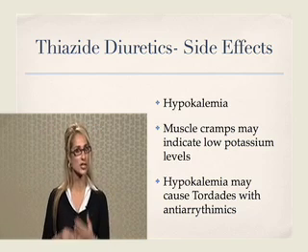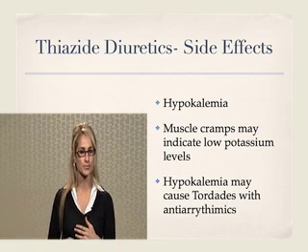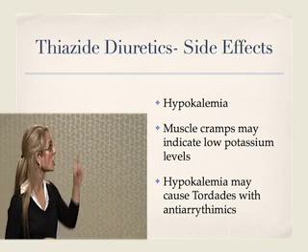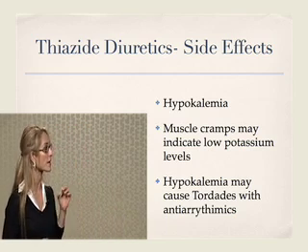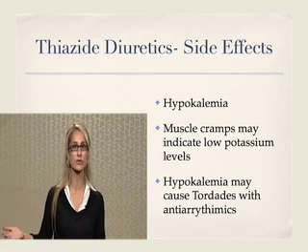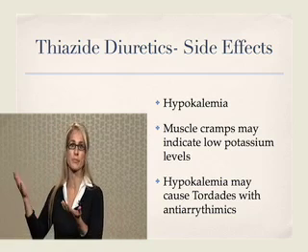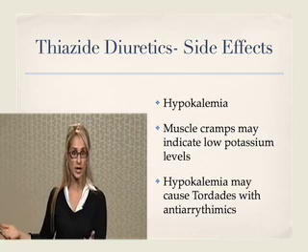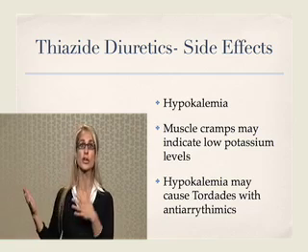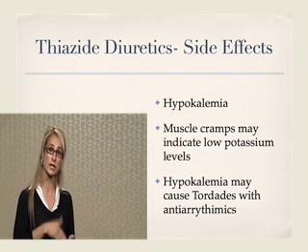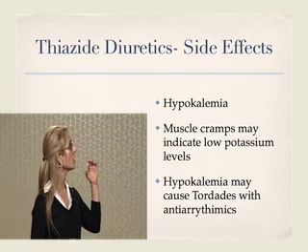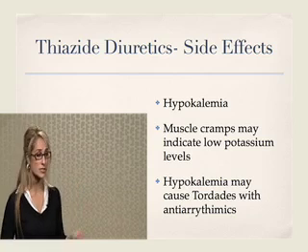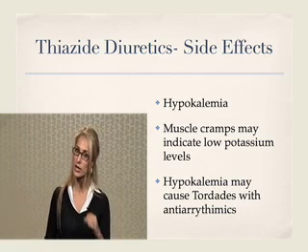There are a lot of drug interactions I'm looking at. Hypokalemia also causes muscle cramps. Of course, we know, what are you going to recommend? Tell them to take bananas, potassium supplements. You might want to tell them to have apricots. And of course, those don't work. You're going to add, for example, a potassium-sparing diuretic. Hypokalemia may also cause torsades and arrhythmias, so you've got to monitor for that.